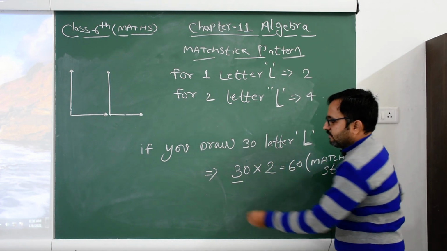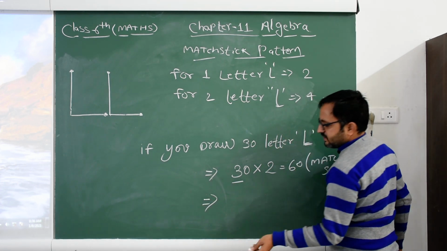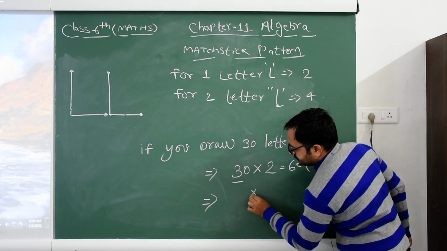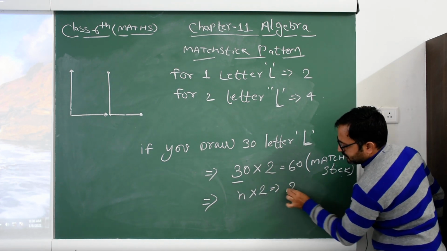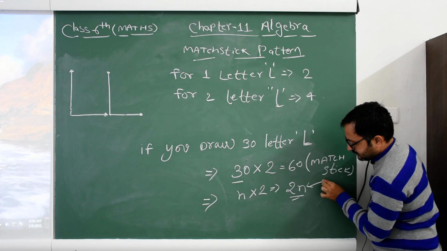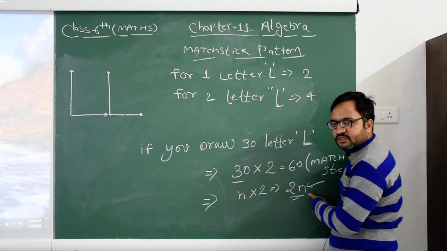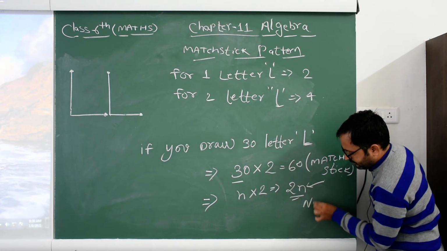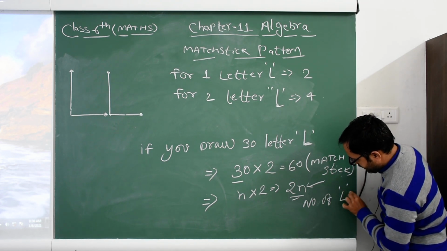So what is the rule we get? That means 2n. What is the n? n is a variable. And what does it show? n shows the number of L's.